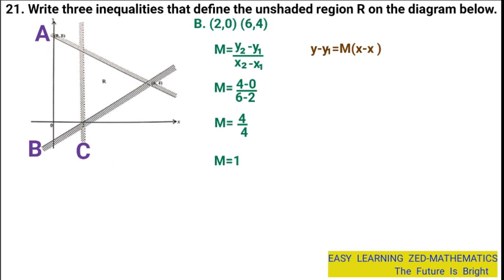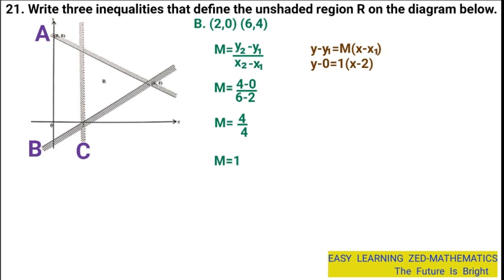So I'm going to write y minus, the value of y1 is 0, so y minus 0 is equal to 1, since the gradient is 1, open bracket x minus x1, which is 2. Minus 2.